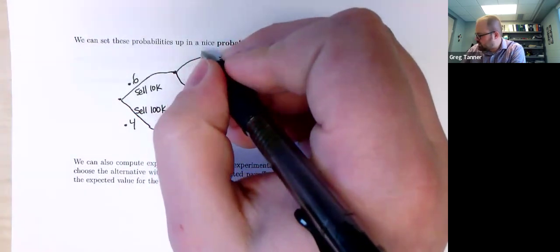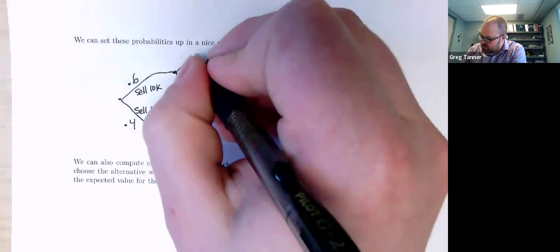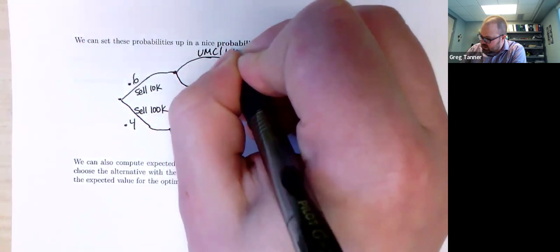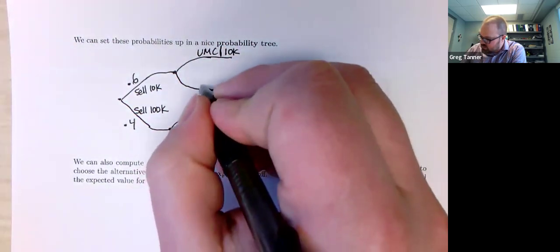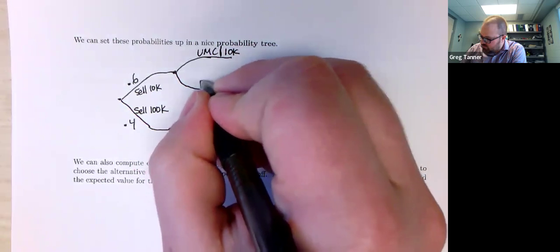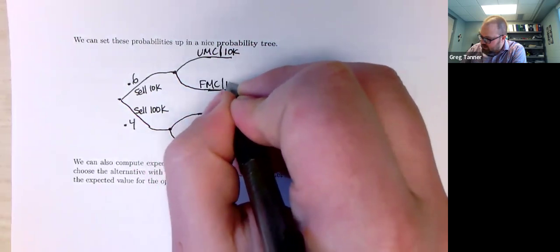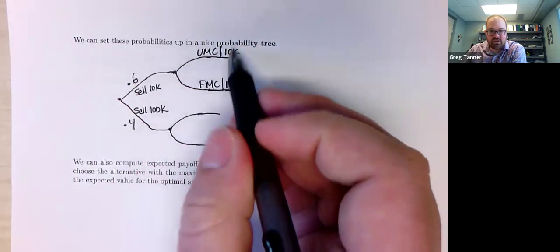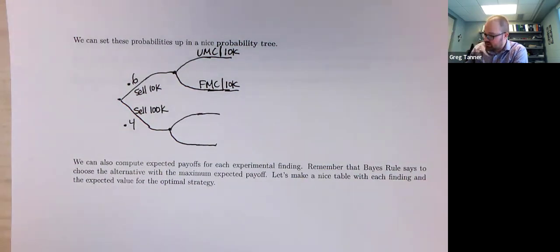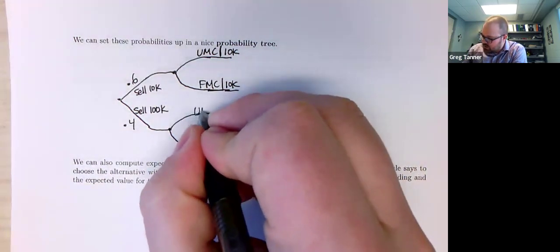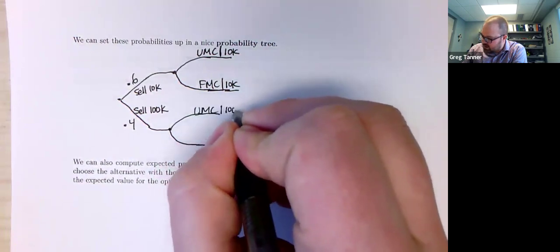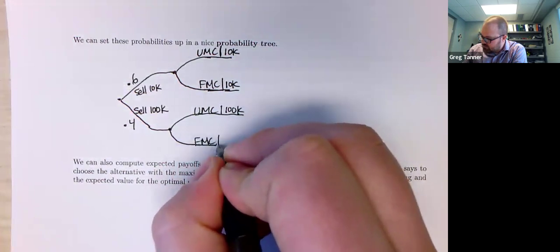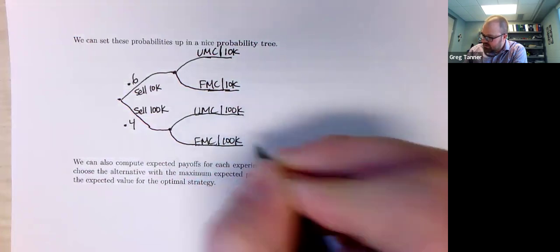So let's look at UMC given that we sell 10K. And this one will be FMC given that we sell 10K. So both of these on this branch come from the sell 10K, and so these are going to be probabilities given that we sell 10K. And then we can do UMC given 100K and FMC given 100K on this branch.